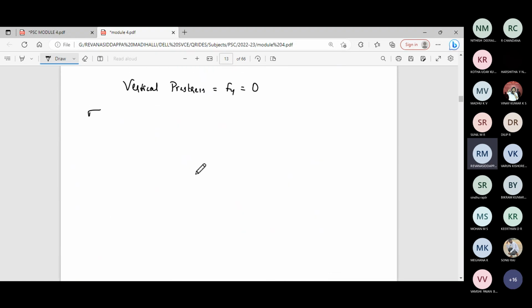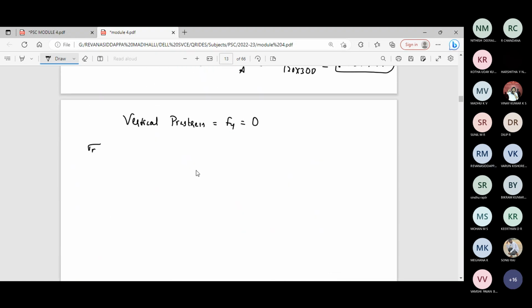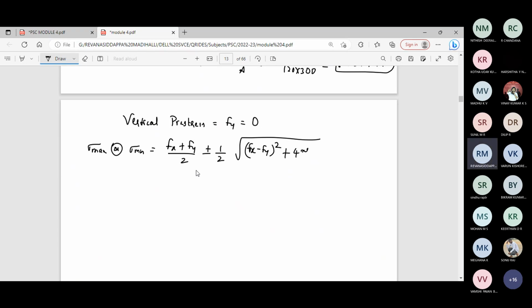Therefore, sigma max or sigma minimum is equal to Fx plus Fy whole divided by 2 plus or minus half of root of Fx minus Fy whole square plus 4 tau v square. First you find sigma maximum.